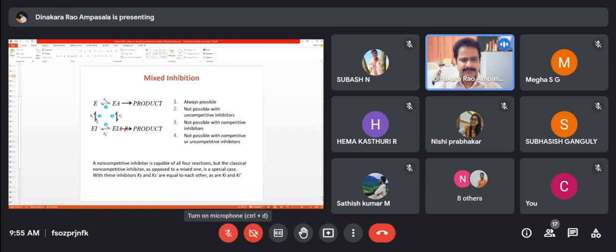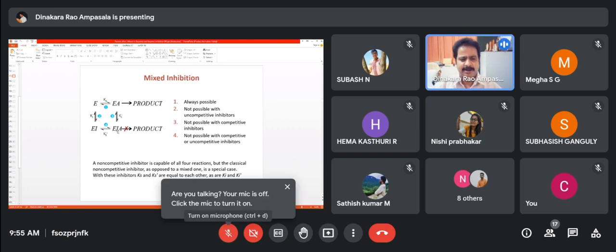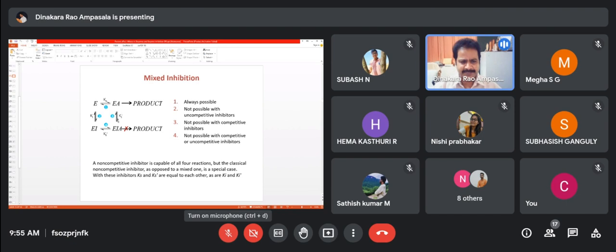If you add substrate again, an enzyme-substrate-inhibitor complex will form. Because the inhibitor is in the active site or somewhere in the binding site of the protein, it loses its structure, so this complex will not proceed to form product. In the third reaction, the enzyme interacts with the substrate and an enzyme-substrate complex is formed.